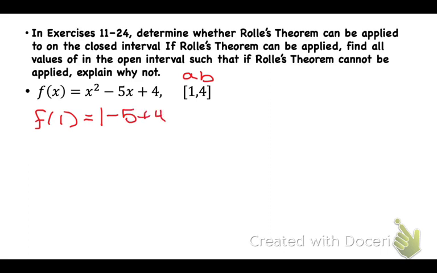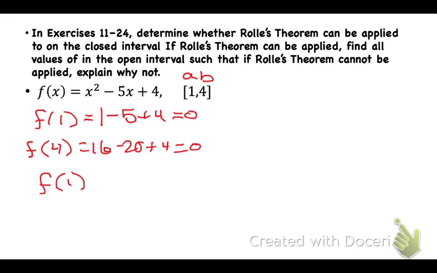And f of 4 would be 16 minus 20 plus 4, which would be 0. So then you write f of 1 equals f of 4 equals 0.